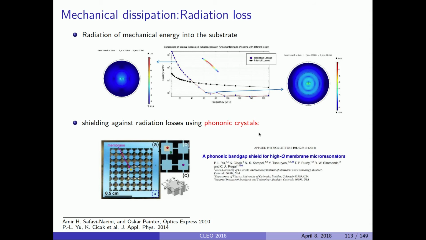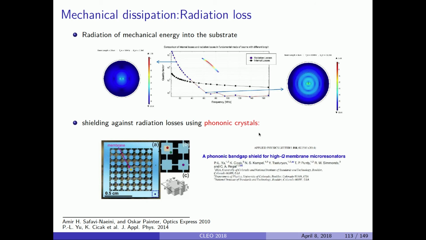One of the aspects where mechanics is profoundly different from optics, as you know very well, is that it's very difficult to generate a 3D band gap. Even if you have, say, a photonic crystal slab, it can still radiate into free space modes. But one of the nice things about mechanics is there's no such thing as an evanescent field for phonons.